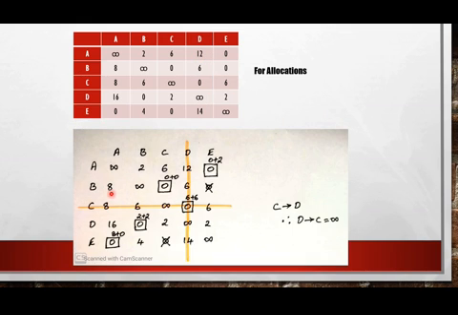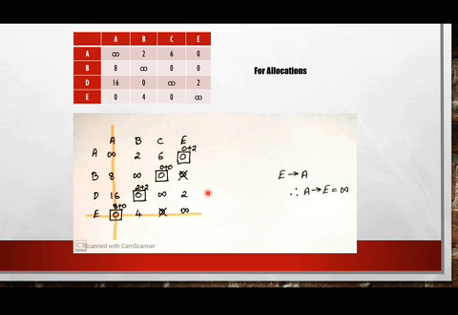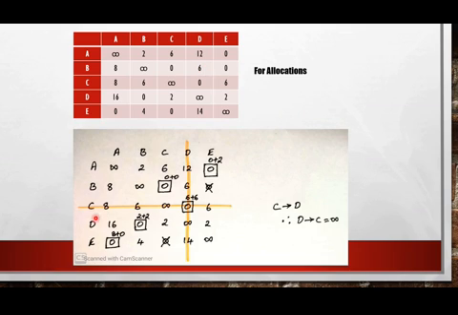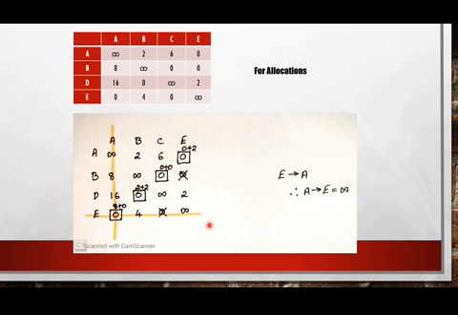B row was 8, infinity 0, 0. Next coming to the D row, it was 16, 0. This 2 will become infinity. So I have 16, 0, infinity 2.